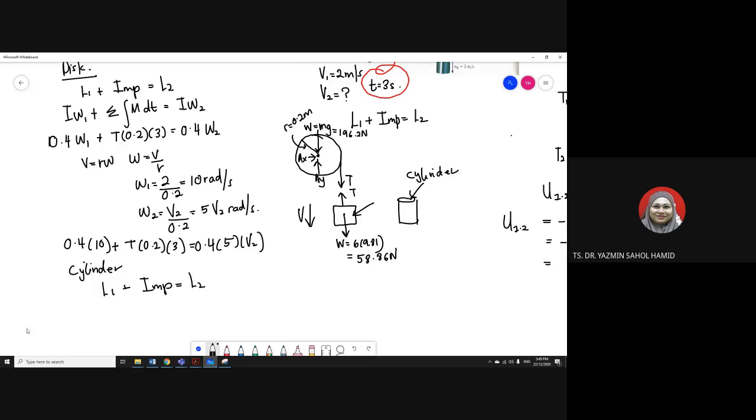So now you know what to do. As long you know what to do, that is correct. Now again, okay, so for the cylinder, kita tak ada radius involved so kita tak boleh consider moment. So kita consider force. So kita buat summation of forces dt equals to mv.